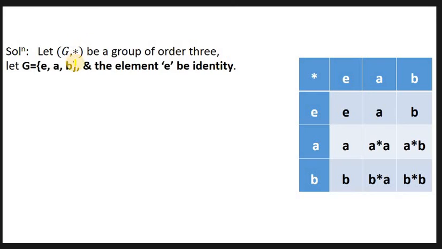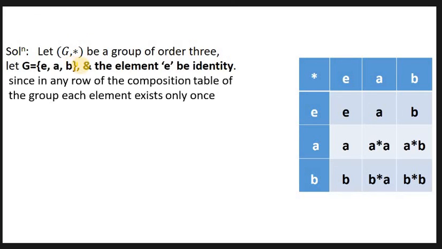Now in the group it has been given that E is the identity element. In this table, observe that each element exists only once in each row. First row E, A, B, and here A once, A star A and A star B once. That means in any row of the composition table of a group, each element exists only once.